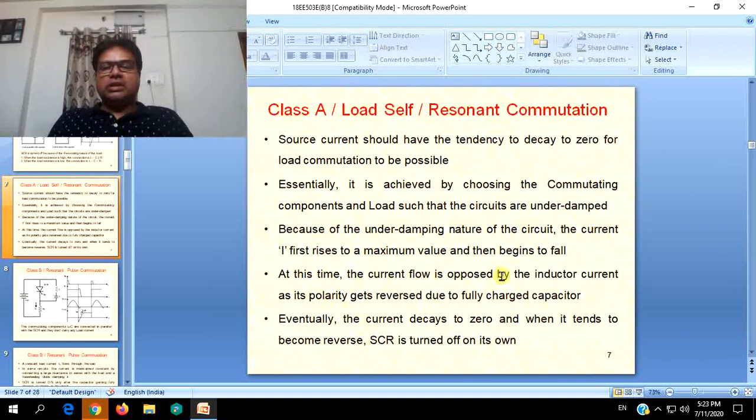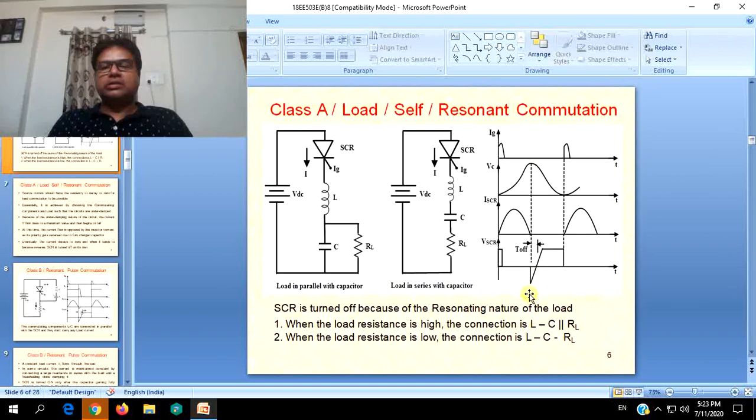At this time, the current flow is opposed by the inductor current, as its polarity gets reversed due to the fully charged capacitor. Simply take the case of this one. First, load current is flowing via the SCR when it is triggered, through the RLC combination, and obviously now the capacitor gets charged with the upper plate as positive.